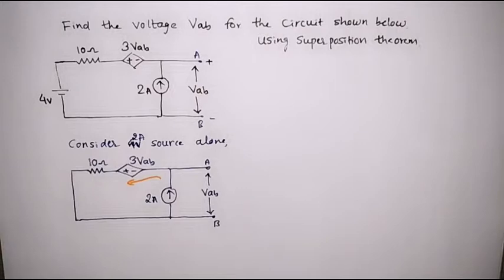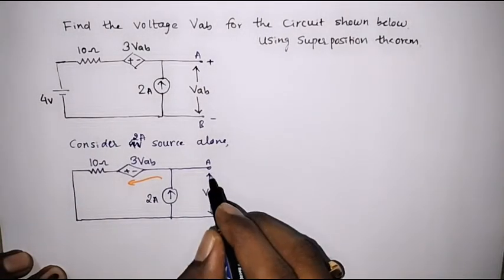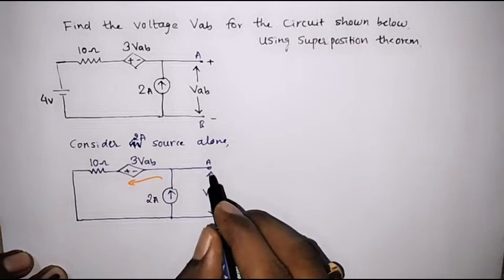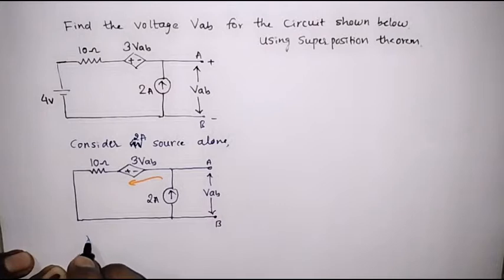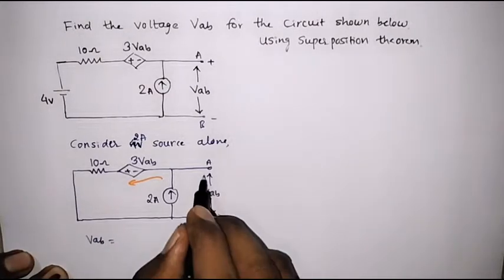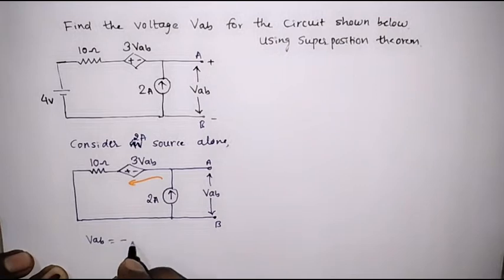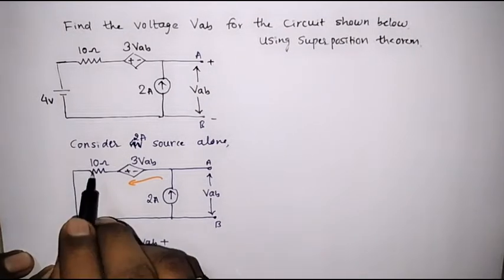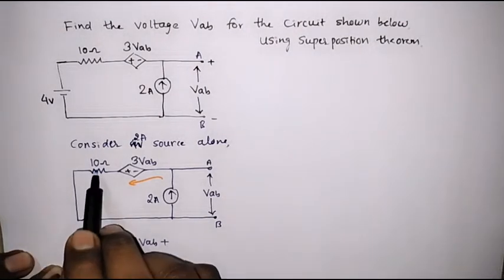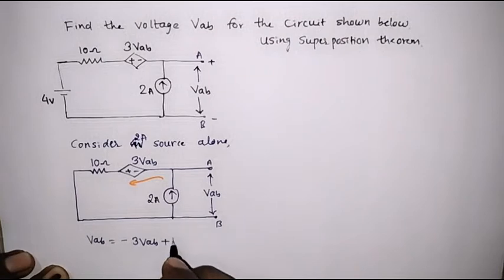We'll try to find the voltage between terminal A and B. I can apply KVL to this entire loop. I will start from here. Therefore I can write VAB is equal to minus 3 VAB plus the voltage across the 10 ohm resistor, that is 10 into 2 amp, because 2 amp current is flowing in the 10 ohm resistor. 10 into 2.